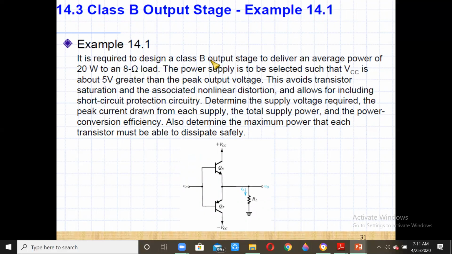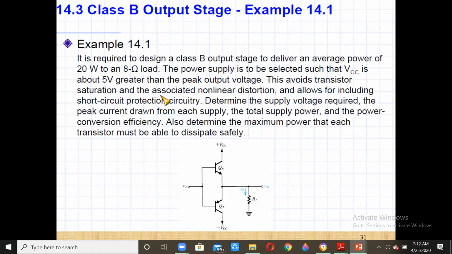Now let us take a numerical associated with this. It is required to design a class B output stage to deliver an average power, PL, to an 8 ohm load. The power supply is to be selected such that VCC is about 5 volts greater than the peak output voltage.